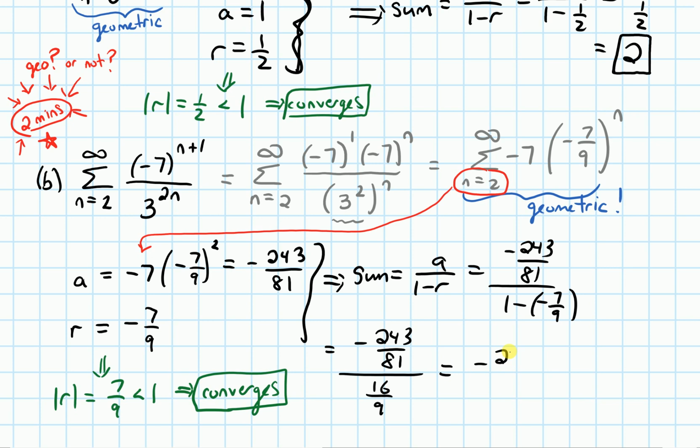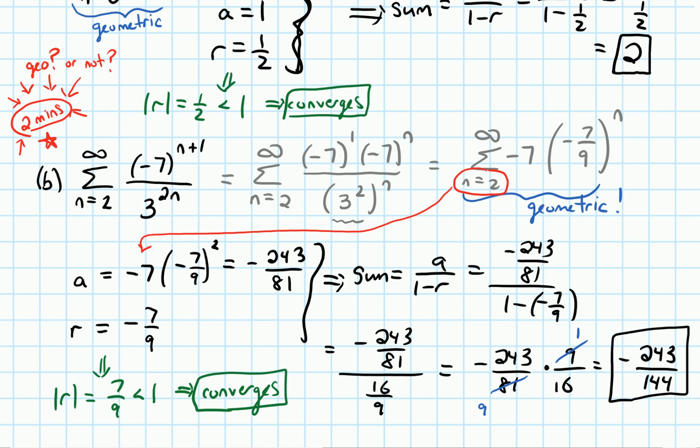So we get negative 243 over 81 multiplying by the reciprocal, 9 over 16. I can divide both of these by 9 and be left with a 9 down here and a 1 up here. So we end up with negative 243, and then over 9 times 16 is 144. So that is what my series in part B converges to.